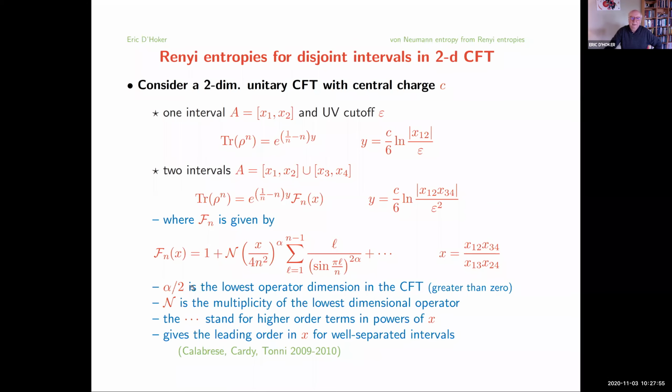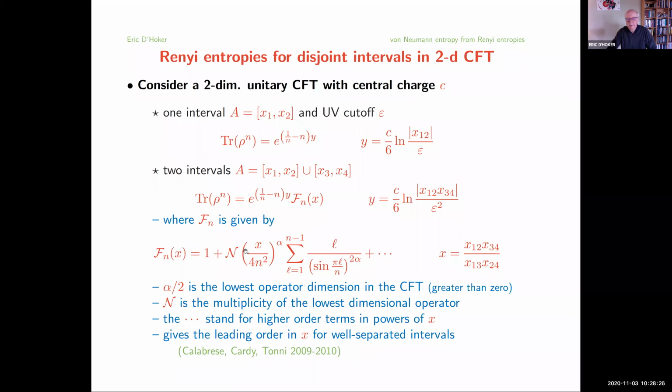Alpha over 2 is the lowest operator dimension in the CFT other than the dimension of the identity, which is 0. So that makes sense, right? You're looking at the long distance effect between two intervals. It's the lowest dimension operator that will dominate that correlation function. N is the multiplicity of that lowest dimensional operator.